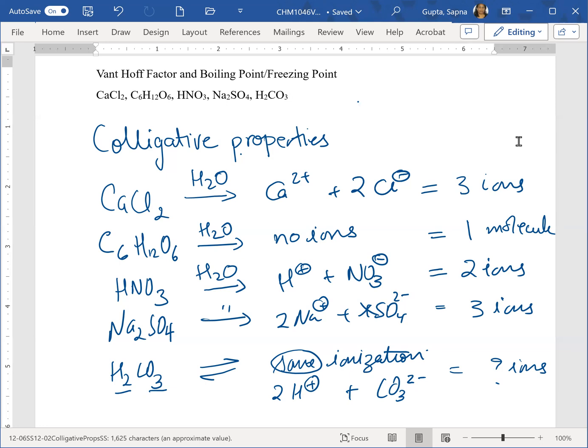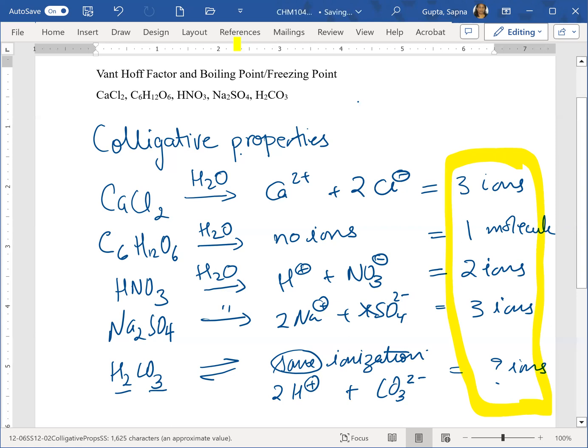We know that in colligative properties, the more ions you have in solution, the more it's going to affect the solvent. The boiling point of the solvent is going to be increased by a greater number of particles. If you have more solute particles in a solvent, then the freezing point will be even more depressed, or lowered. So how many particles are in solution?